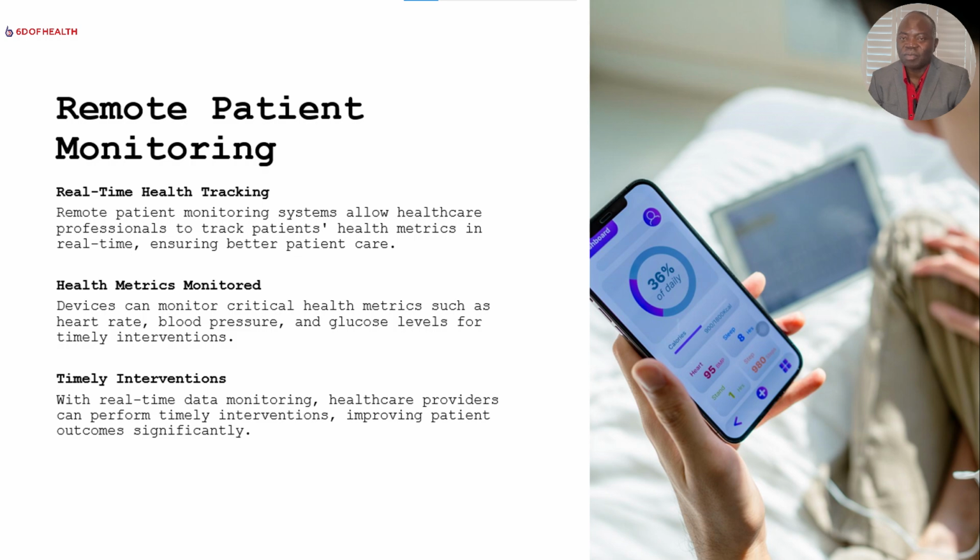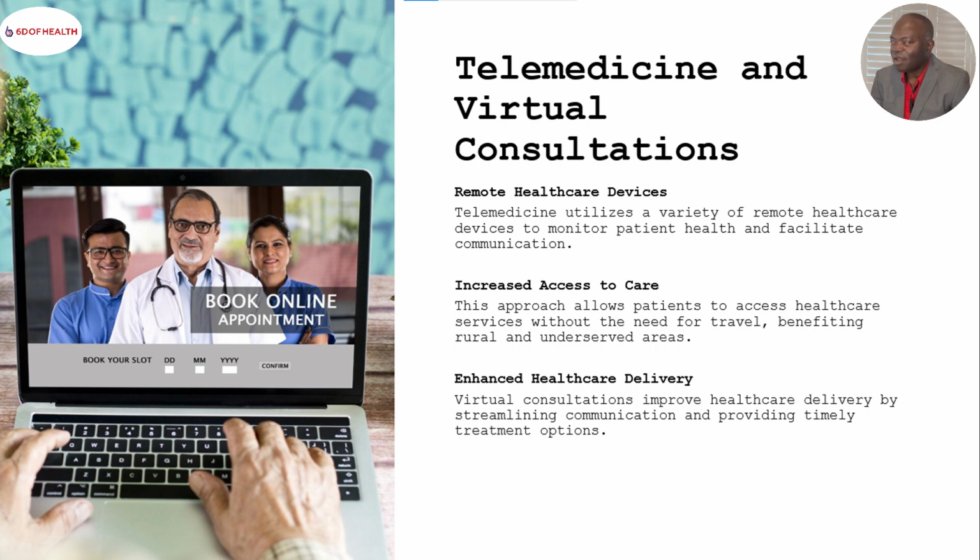We also have individuals monitoring their own heart rate, blood pressure, and blood glucose. Then for timely intervention, having real-time data, healthcare professionals can provide timely intervention to a patient and improve patient outcomes.